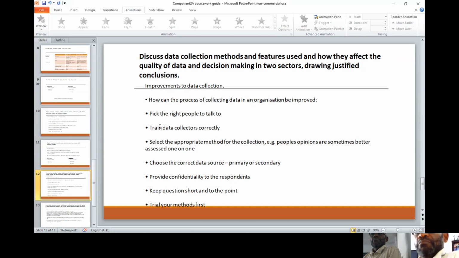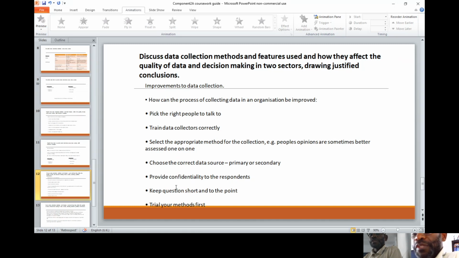You're going to look at the kind of people that you need to articulate the information. You pick the right people. You have to train the right people to articulate the information. Why is that? You select an appropriate method for the collection. Okay? You choose the correct data source, either primary or secondary.